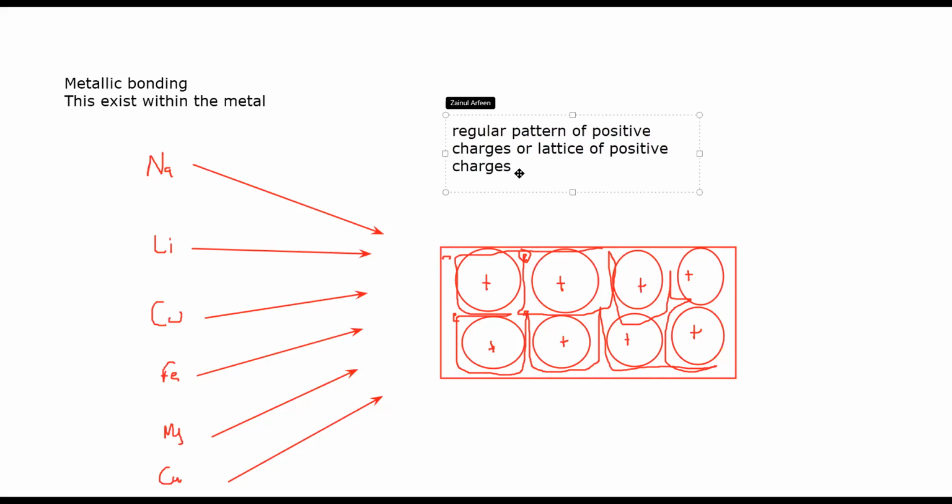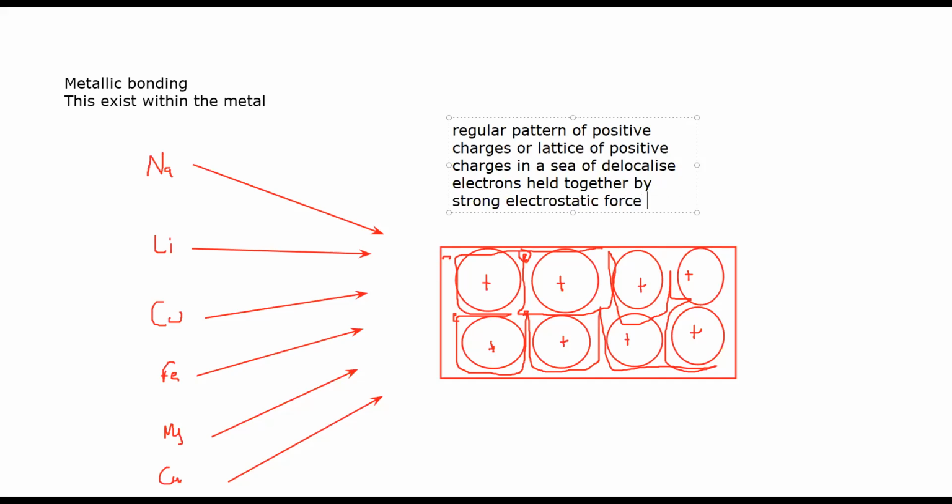So a regular pattern of positive charges, or a lattice of positive charges, in a sea of delocalized electrons held together by strong electrostatic force, is known as a metallic bond.